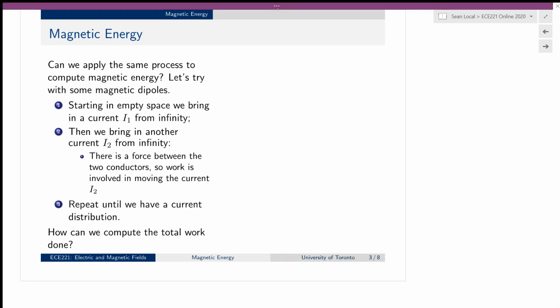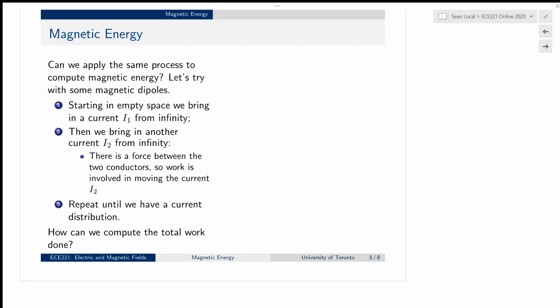And a magnetic dipole, in its simplest form, is nothing other than just a little current loop. So we could say, here's a current loop, and let's bring that in from infinity. It costs us no work to bring this loop into an empty space where there wasn't already a magnetic field.